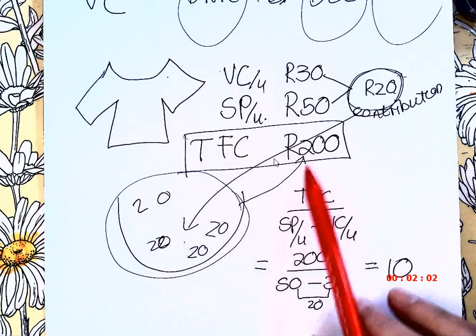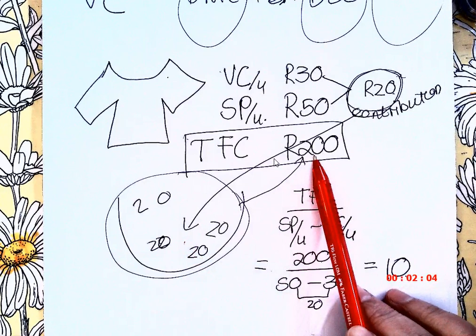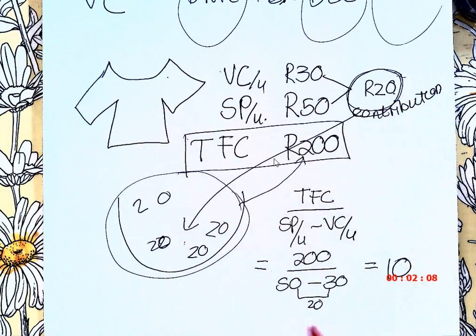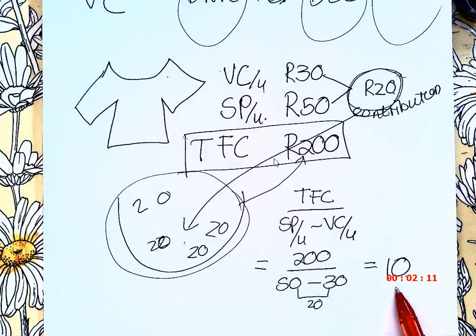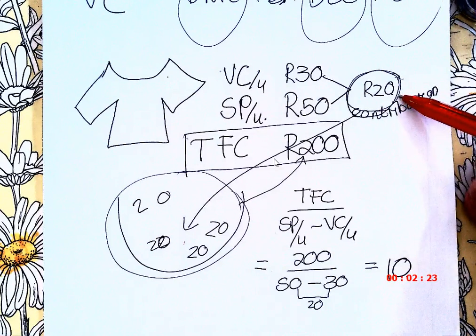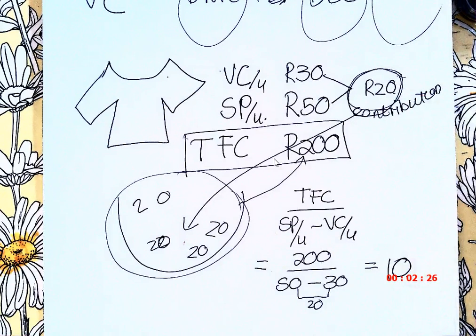So if the fixed cost is 200 Rand and I have a contribution of 20, it means I need to produce 10 t-shirts just to break even, meaning covering my fixed cost. So when I produce t-shirt 11, that 20 Rand no longer goes to cover the fixed cost. That 20 Rand is now a profit. And that's my break-even point calculation.